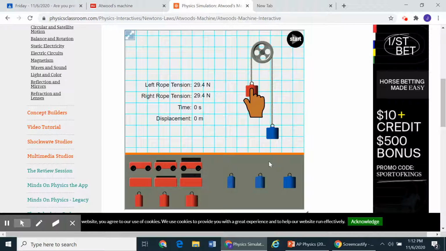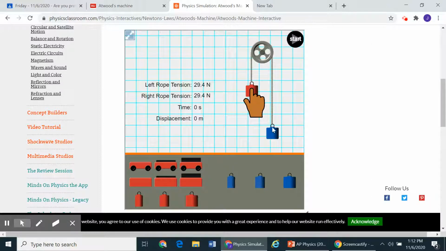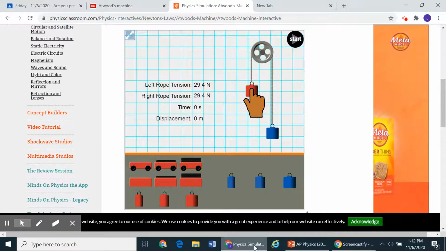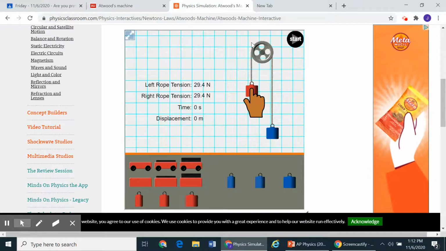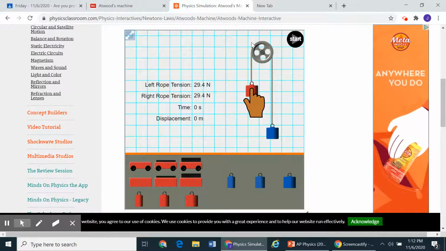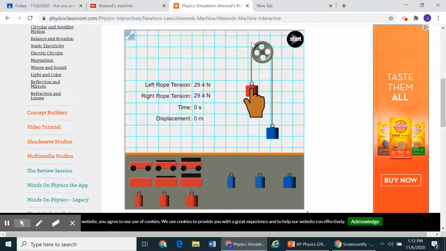And usually the answer is, well, the one that's lower is going to go down, and the one that's higher is going to go up. Some people disagree. They say, no, I think the one that's higher is going to go down, and the one that's lower is going to go up.